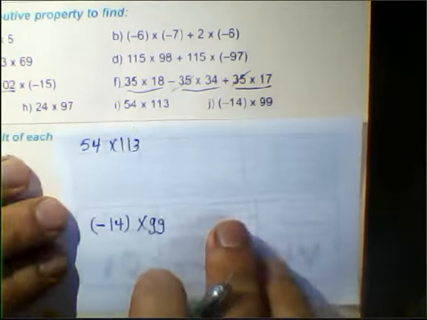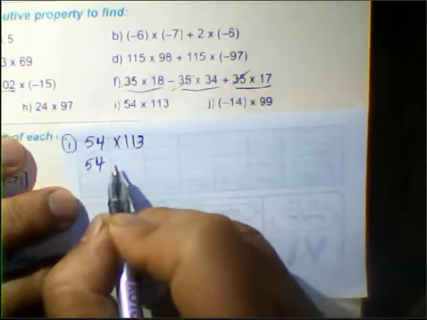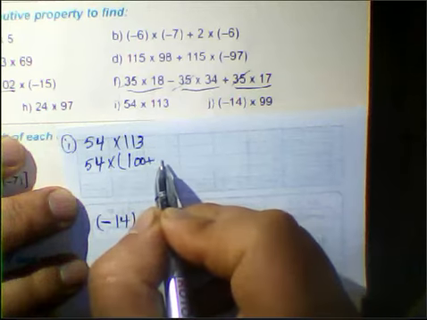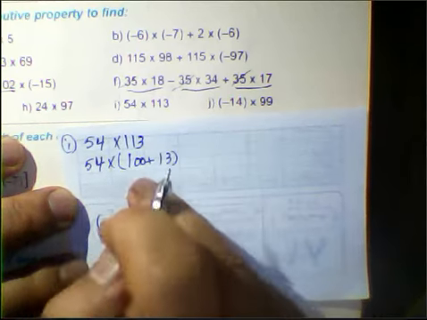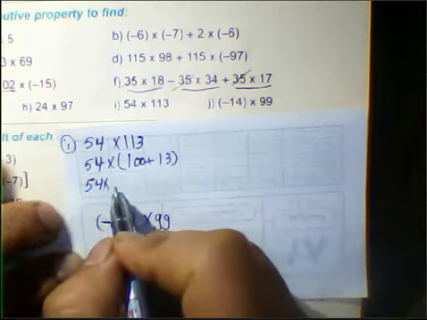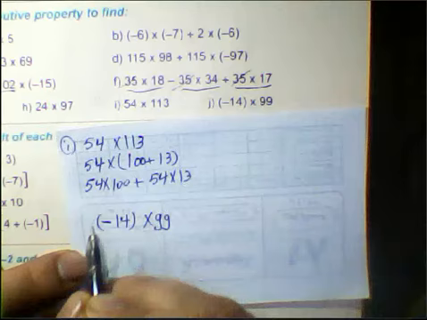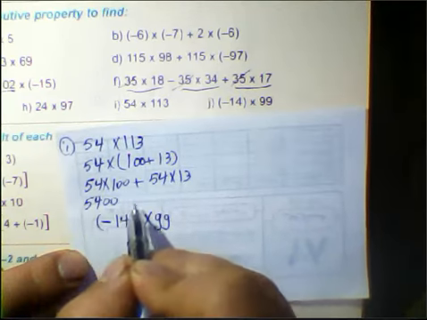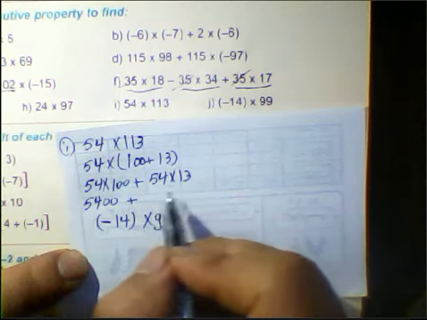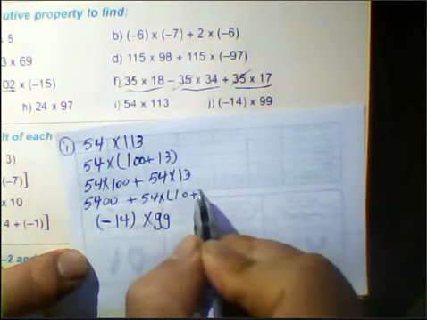Question I. 54 multiplied by 113. We can write 113 as 100 plus 13, and in the next step we can use the distributive property. 54 multiplied by 100 plus 54 multiplied by 13. The result will be 54 and right behind it double 0. 54 multiplied by 13, we can use distributive here. 54 multiplied by 10 plus 3.